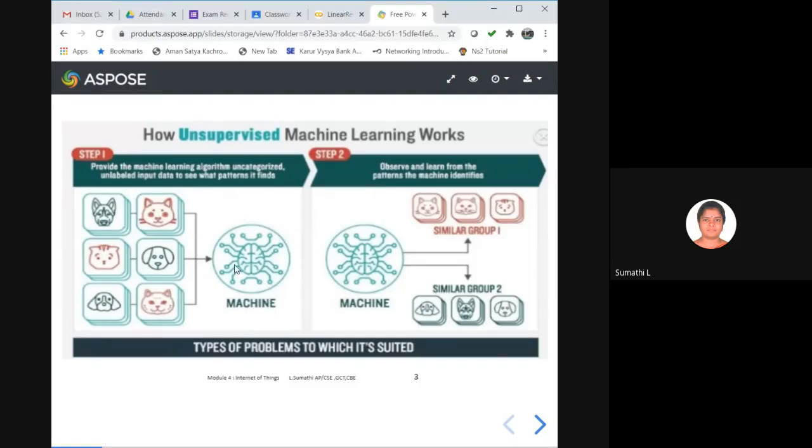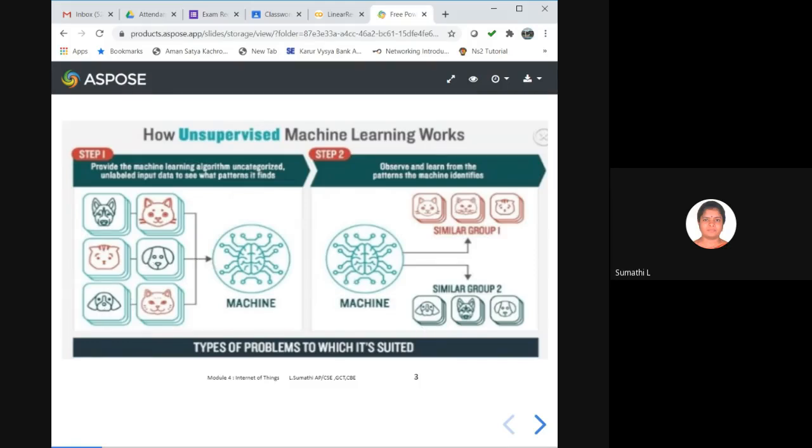In unsupervised learning, I will provide unlabeled data. That means I will not tell you the expected output. In simple terms, I will give you a collection of data, and the machine, based on the similarity it finds in the data, will group it. See, I have given a collection of pictures. The machine will try to find, okay, these three pictures seem to be similar, so this is one category, and these three pictures seem to be similar, so this is another category.